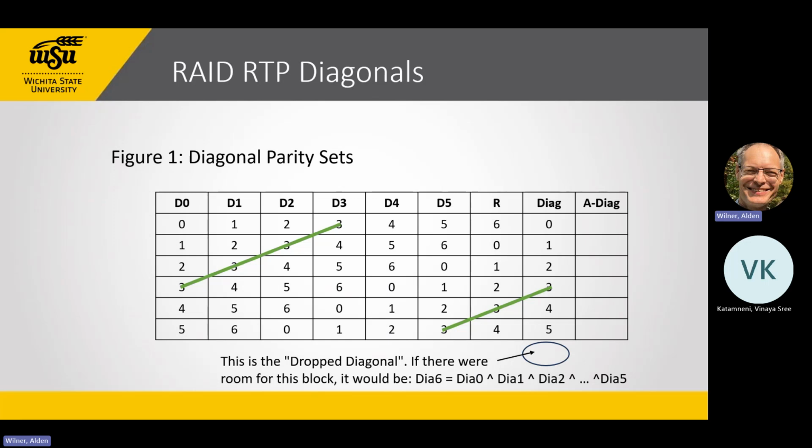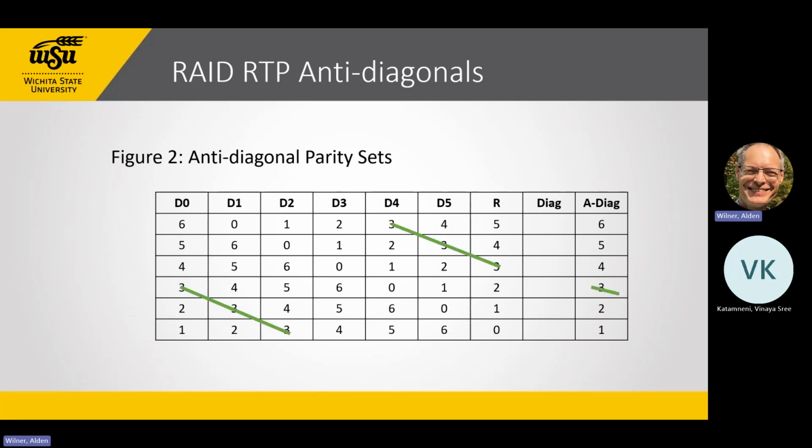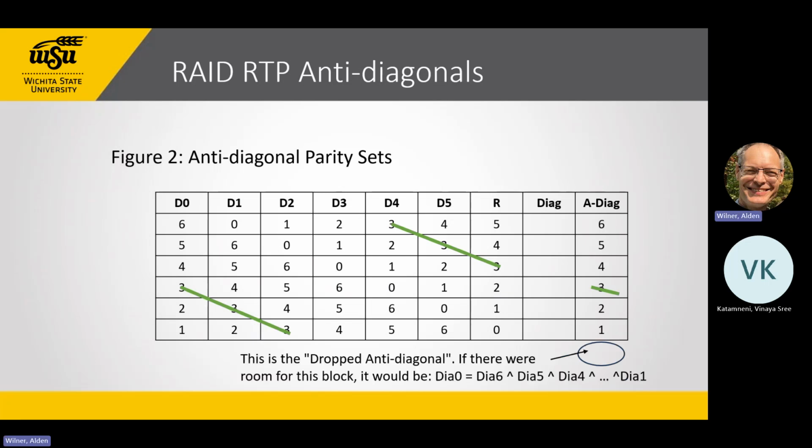So that missing piece is easy to figure out if it were there. We XOR those together, we get that. The anti-diagonal goes the opposite direction. One diagonal goes up and to the right, the other goes down to the right. And this missing piece would be the XOR of those data blocks.